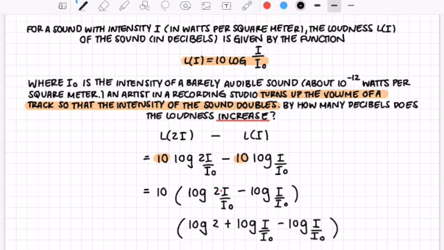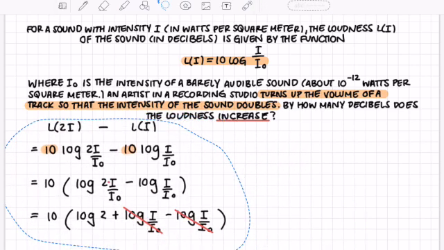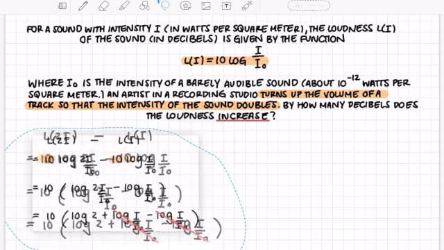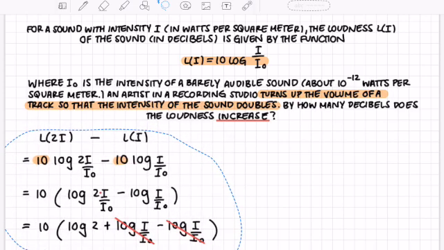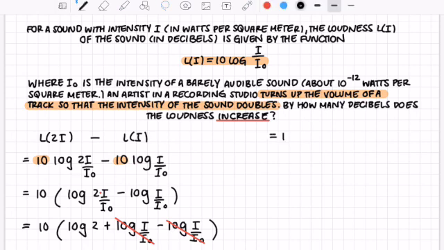When I do that, I can cancel out my 2 logs with each other. I need to drop down the 10. I'll move this to the left so that I have more space. In the end, I will be left with 10 times the log of 2 as my final answer.